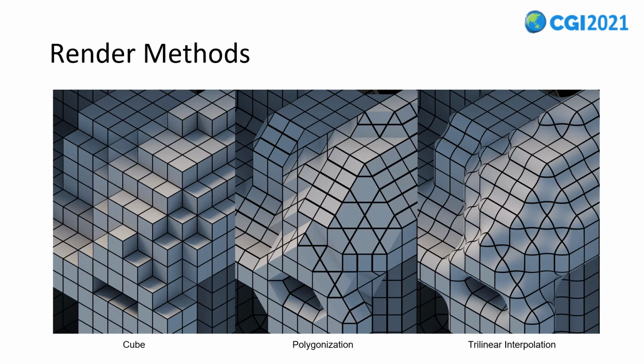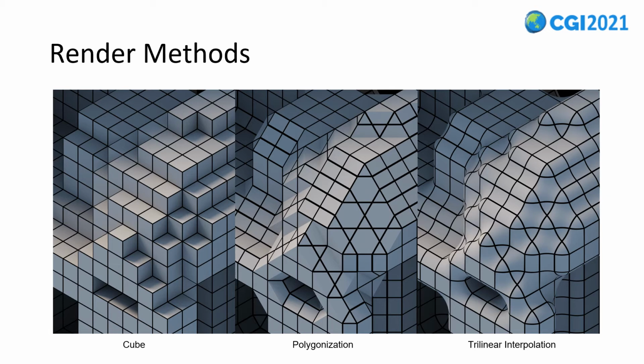Another method is to directly raycast the trilinear interpolated isosurface for a smoother visualization. This leads to a root-finding problem of a cubic or even higher degree equation, which involves expensive computation and numerical errors. The uneven surface is also not appropriate in certain cases where flat surfaces are preferred. Another category of rendering methods is to approximate the isosurface by polygonization, such as marching cubes.